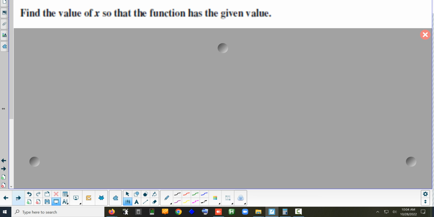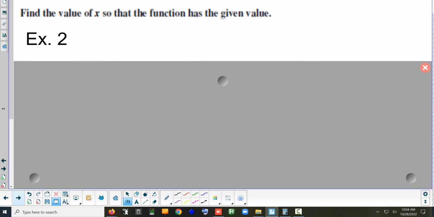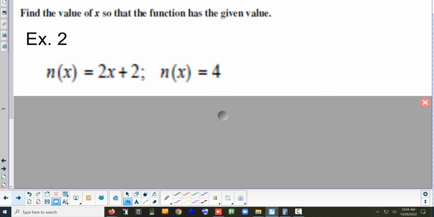So it says, find the value of x so that the function has the given value. So look at the difference in what they give you. In that red box, does it say x equals 4?